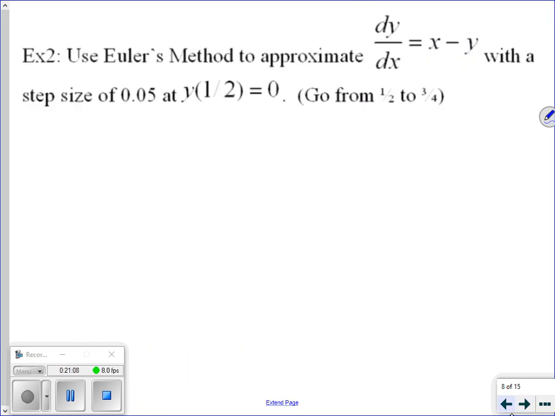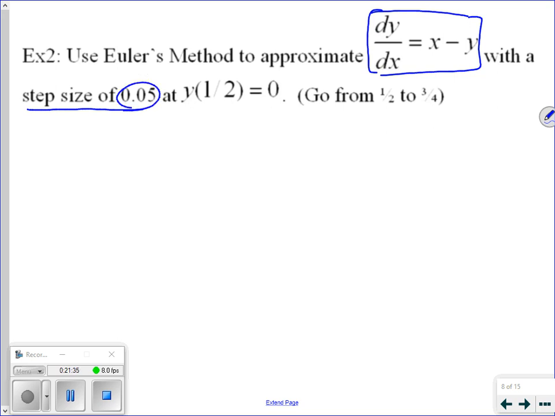Yeah, we'll do one more. Okay, we'll call it after this. So it says use Euler's method to approximate blah. So I got this differential equation, which we've seen a lot of, and we have a step size of 0.05.